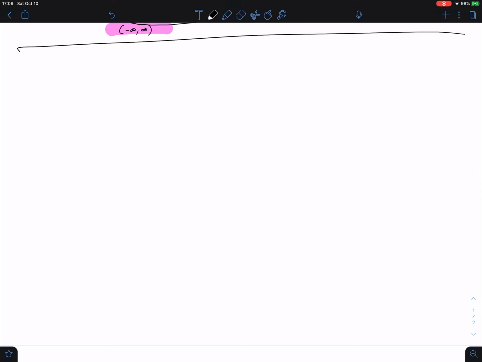So we have a bunch of instructions. S1, S2 is the instruction x is x plus 1. S3 is the assignment y is 2. S4 is z equals y.